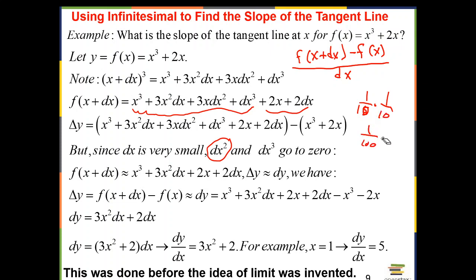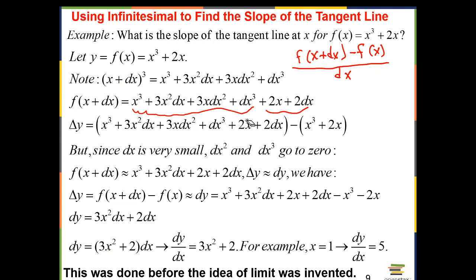So it becomes even smaller. If you raise a very small number to the second power, it becomes even smaller. What if you raise it to the third power? That becomes even smaller. Say you have 1/10 multiplied three times, that's 1 over 1,000, much smaller than 1/10.